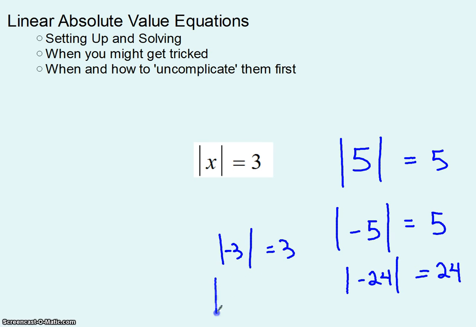Okay? And so something like -2 minus 7 absolute value would mean calculate the quantity inside. -2 minus 7 is -9, and then make it positive. Okay.